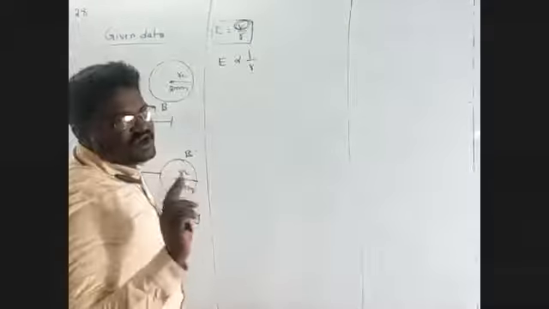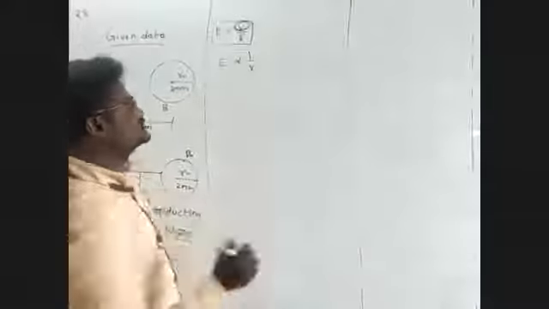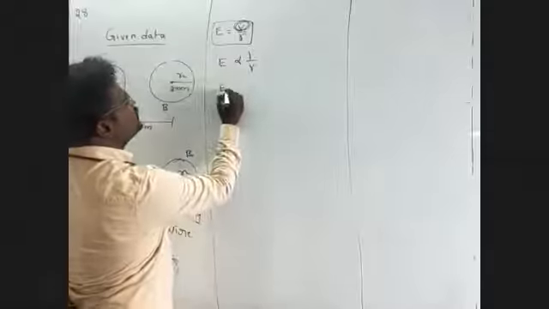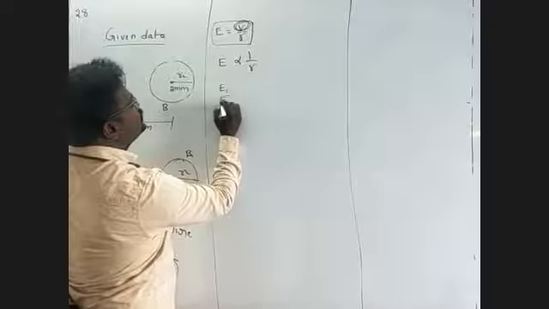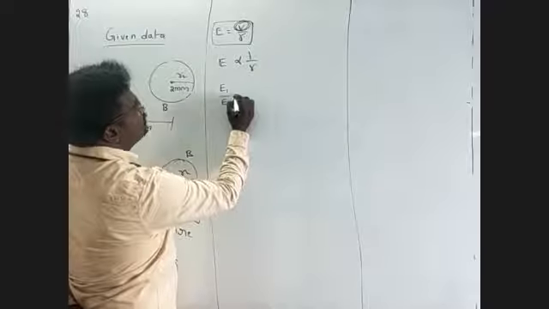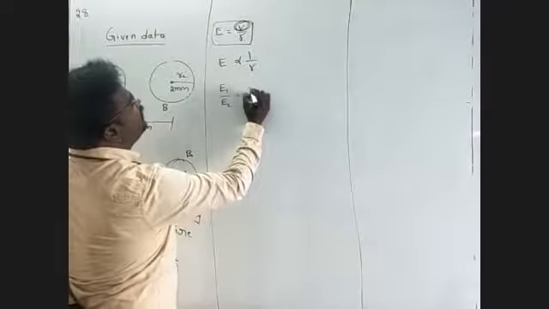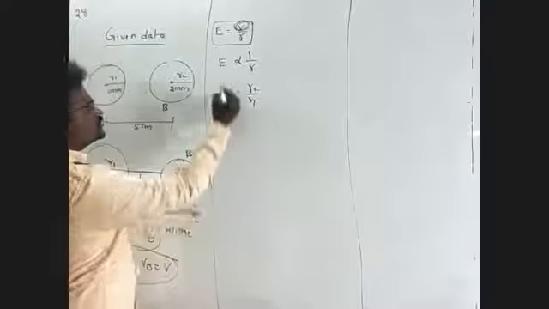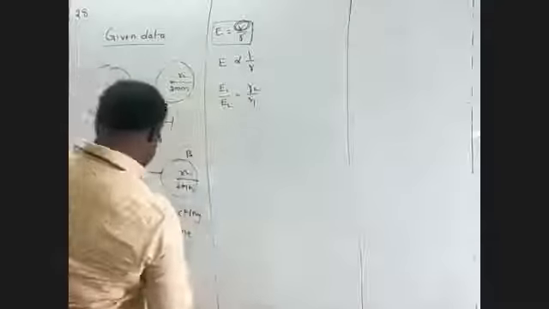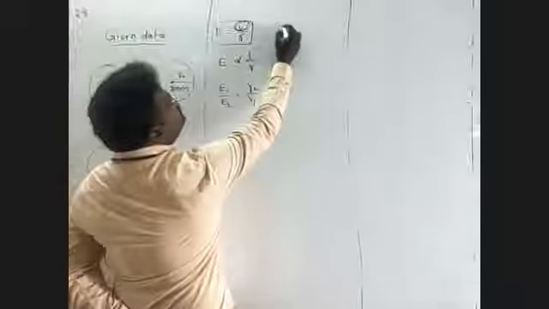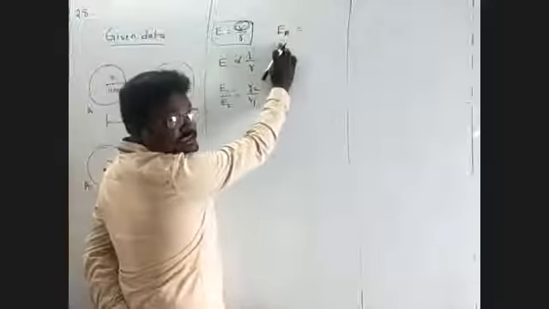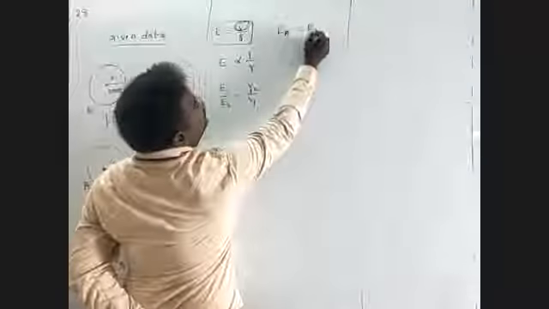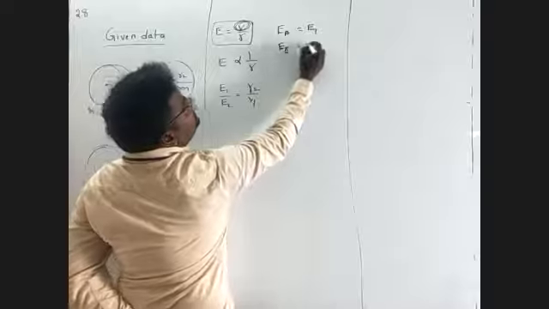So we have two bodies having two electric fields and two radii. We write E1 by E2 is equal to 1 by R1 over 1 by R2. EA is taken as E1, and EB is taken as E2.